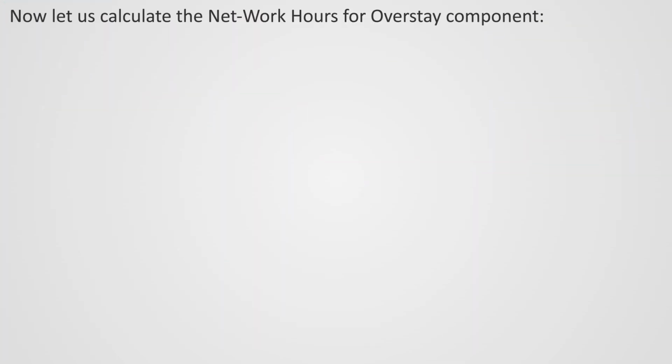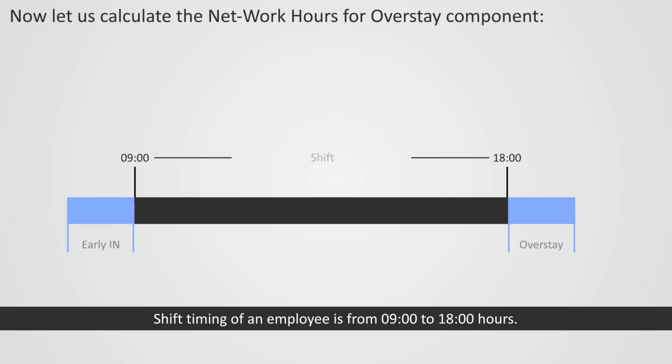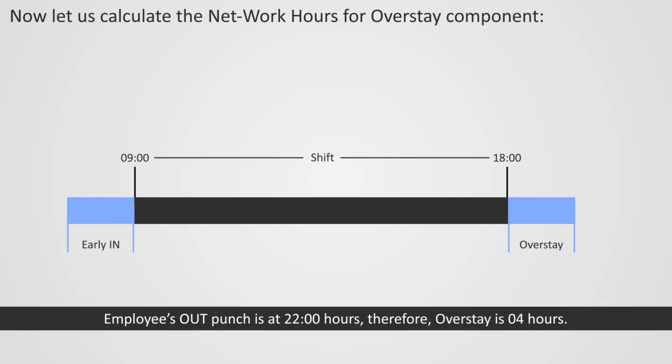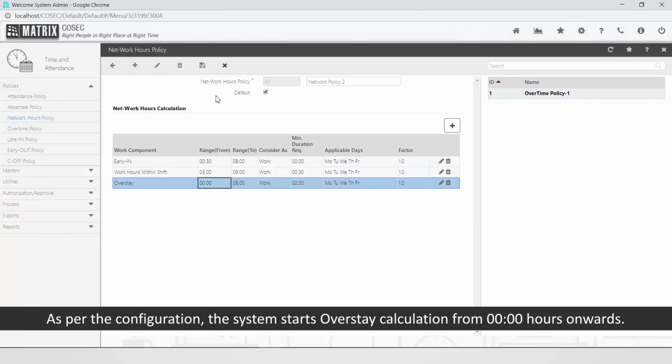Now, let us calculate the net work hours for Overstay component. Shift timing of an employee is from 9 to 18 hours. Employee's out punch is at 22 hours. Therefore, Overstay is 4 hours. As per the configuration, the system starts Overstay calculation from 0 hours onwards.